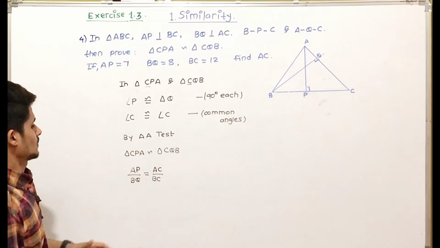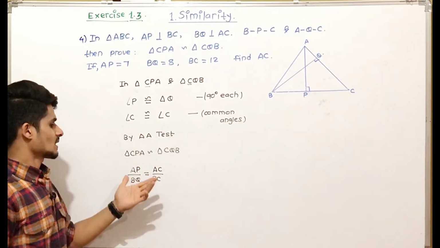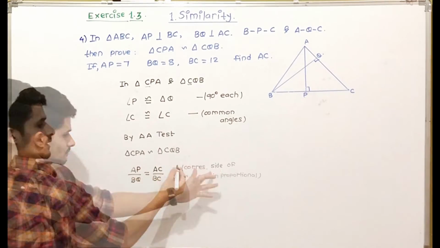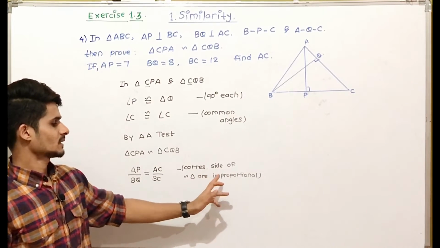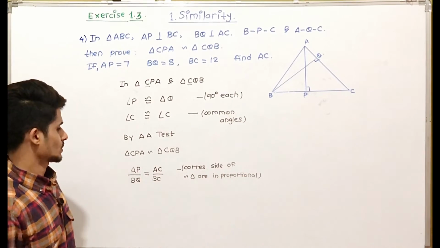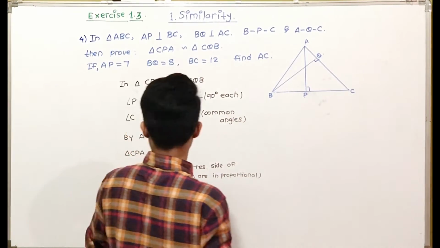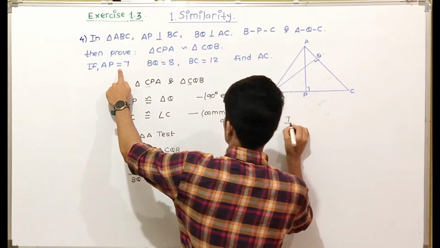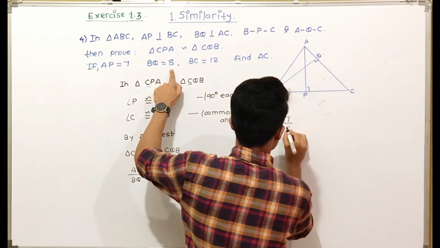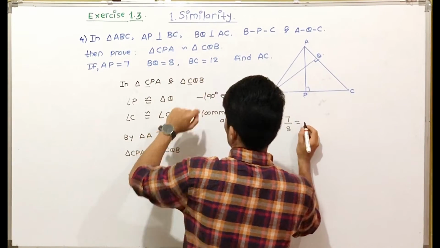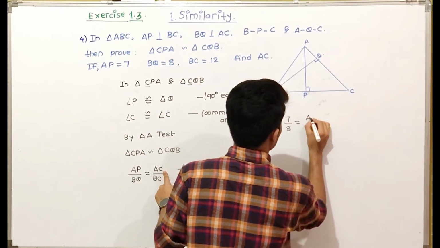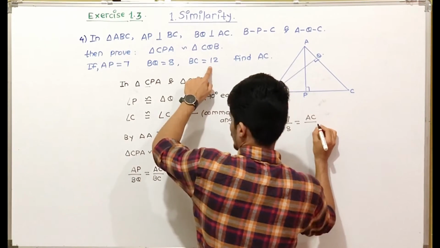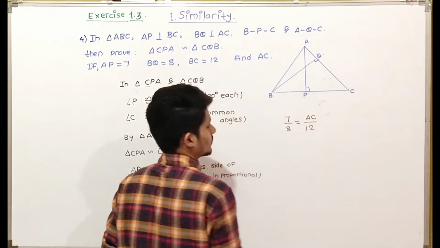Corresponding sides of similar triangles are proportional. So we'll substitute the values. AP is 7, BQ is 8, equals AC, which we have to find, and BC is 12.